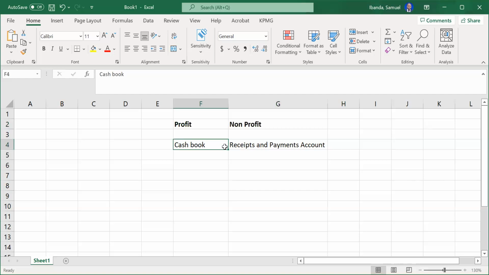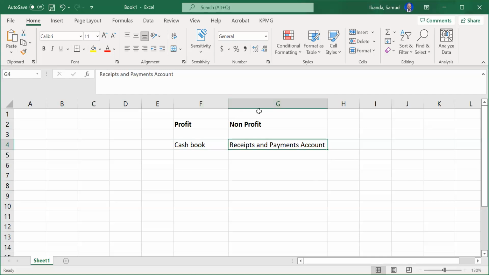We know the cash book records cash coming in on the debit side and cash going out on the credit side. The same thing with the non-for-profit. The receipt side records what is coming in. For example, money received from donors, money from campaigns, like maybe a marathon, or money received from members. All that is recorded under receipts.